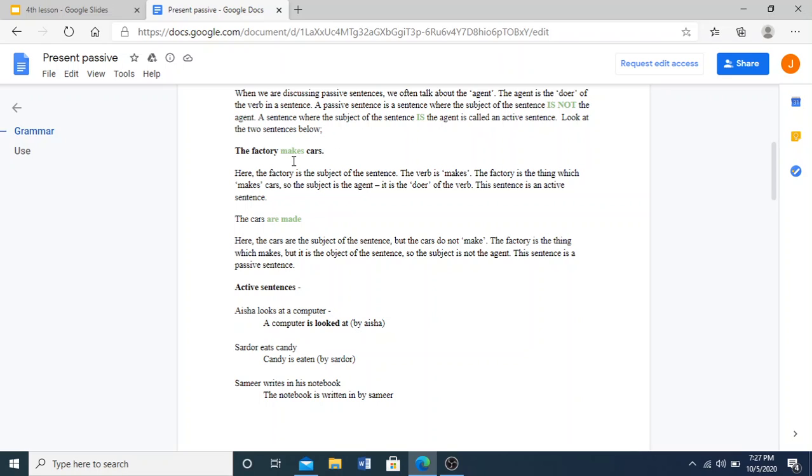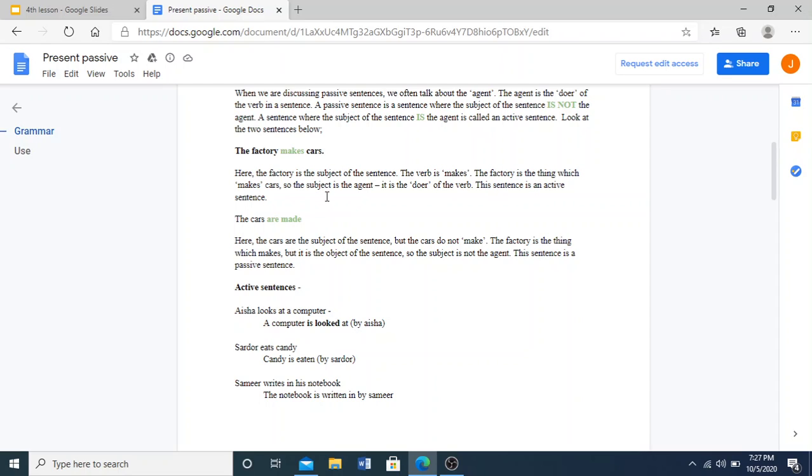The factory makes cars. Here, the factory is the subject of the sentence. The verb is makes. The factory is the thing which makes cars. So the subject is the agent, and it is the doer of the verb. This sentence is an active sentence.